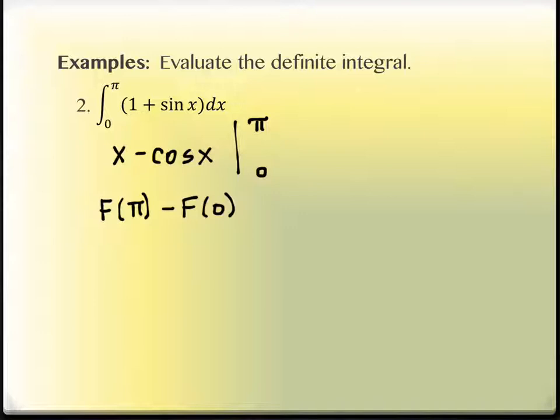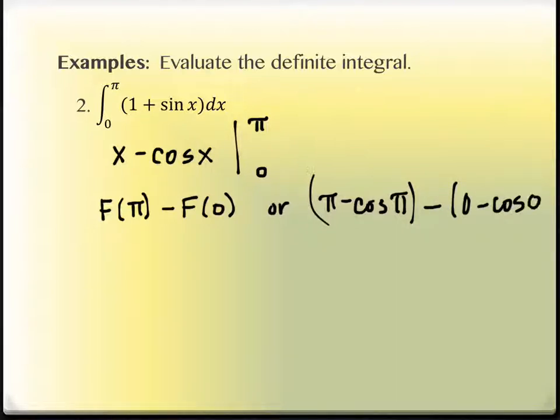So either this or you can write out pi minus cosine of pi, minus 0 minus the cosine of 0. One of those two things has to be written next. I don't care which one.